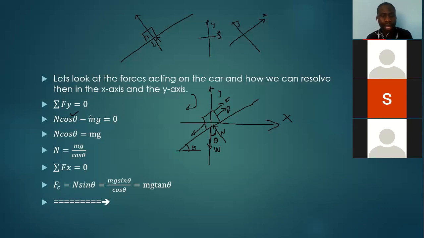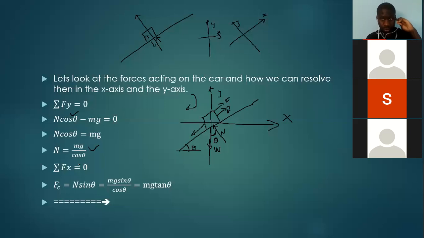For my weight, since it is straight along the negative y-axis, I'll have a negative there. And since there's no movement in the y-axis, everything is equated to 0. Therefore, making N the subject of the formula, I'll have N cos theta is equal to mg, and therefore this expression can be derived.